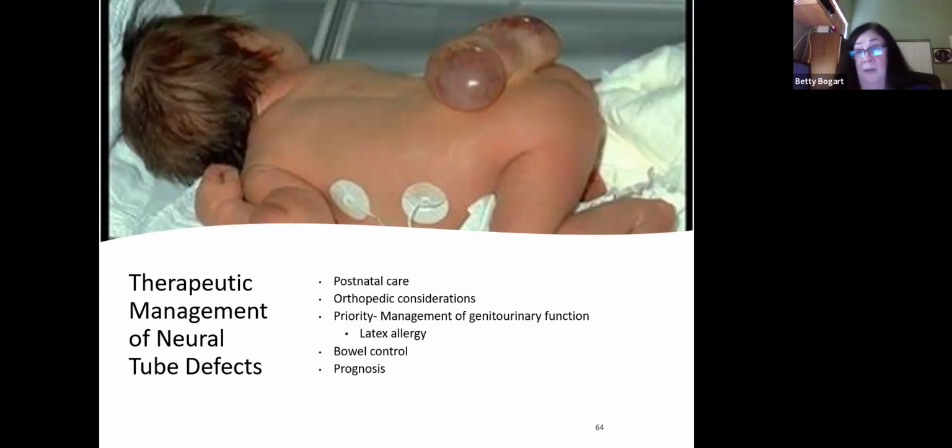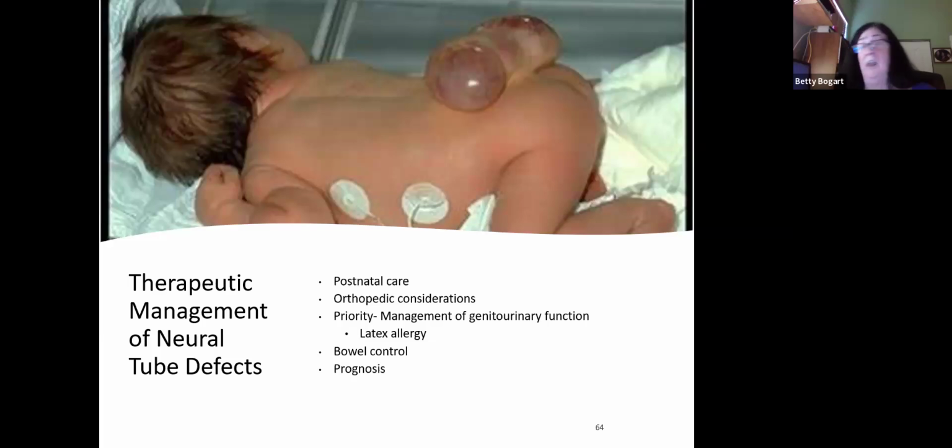Maybe they're going to be constipated, so you have to watch that. And also urine. Many neural tube deficit children end up requiring a catheter, a straight cath, every 4 hours, because they do not have any urge to go to the bathroom.